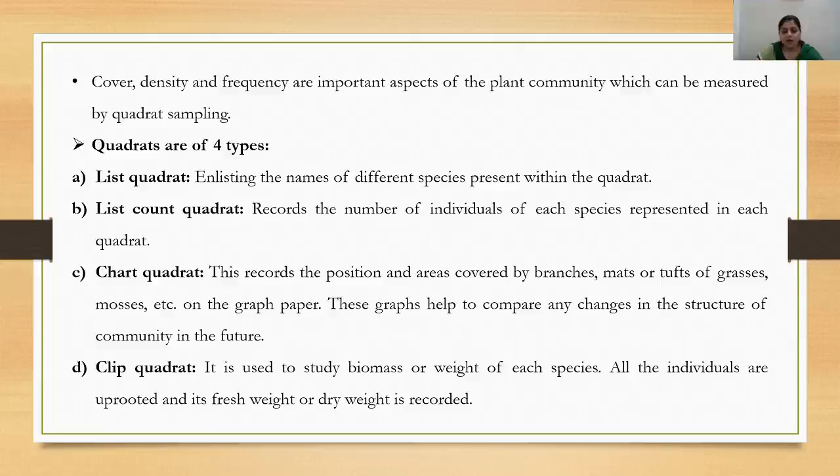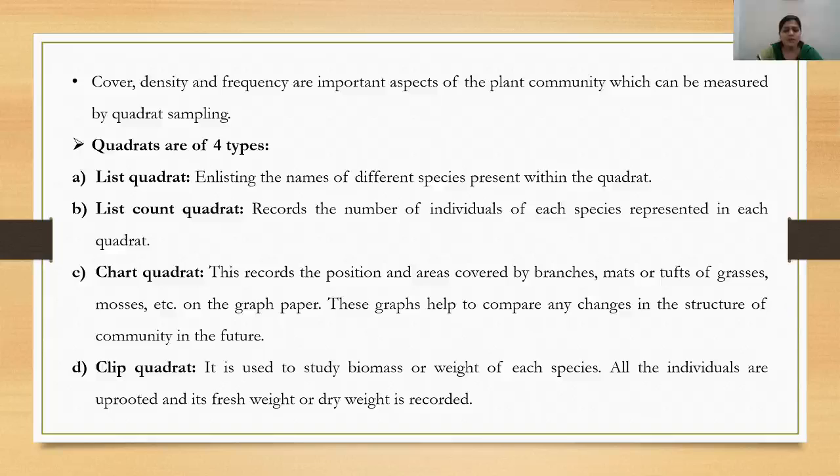This method records the position and areas covered by branches, mats or tufts of grasses, mosses, etc. on graph paper. And these graphs are very helpful to compare any changes in the structure of the community in the future. So a comparative study of a specific area over a period of time can be done with the help of the chart quadrat method.